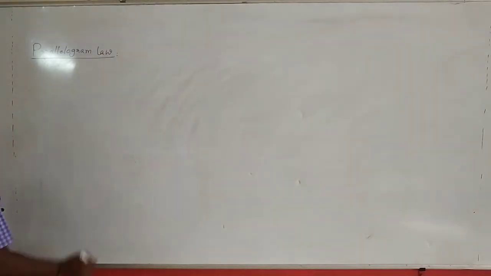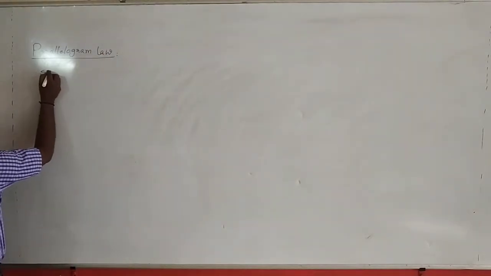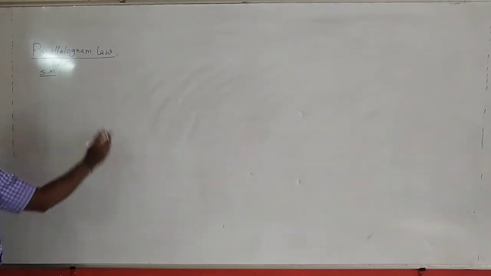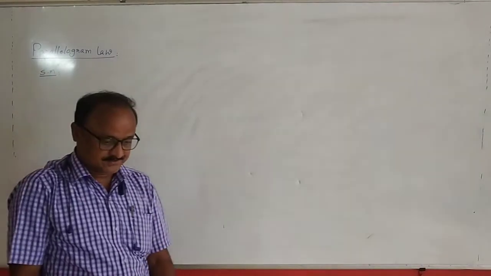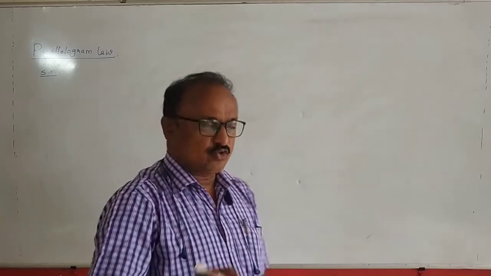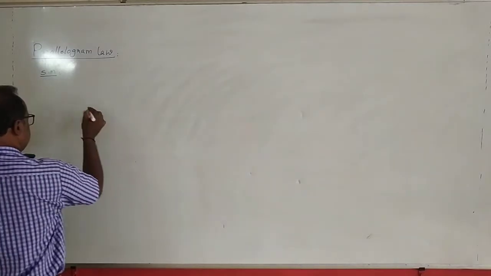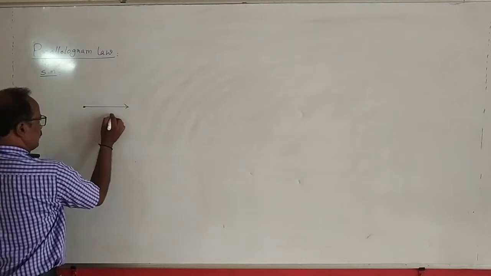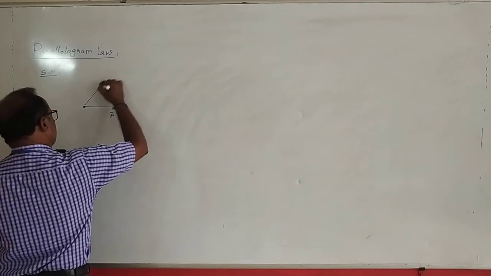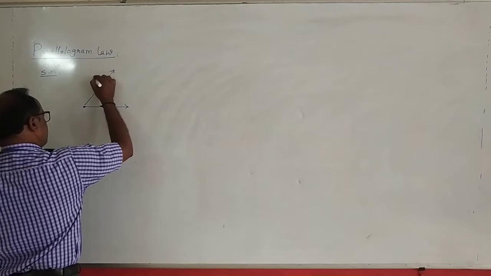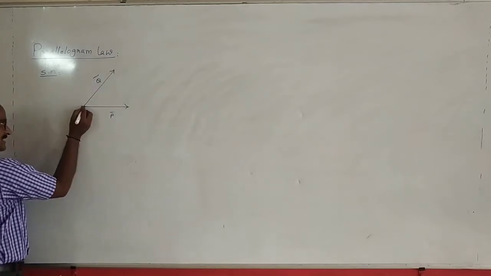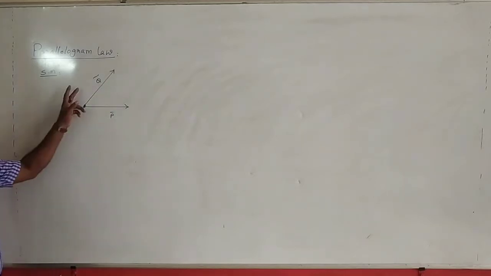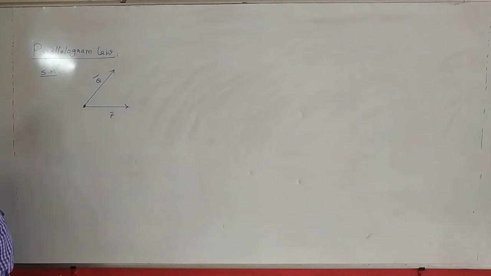The statement of parallelogram law of vectors can be defined as follows. Suppose p bar is a vector quantity and q bar is another vector quantity. These two are acting at the same point, meaning the tails of both vectors are at one point.